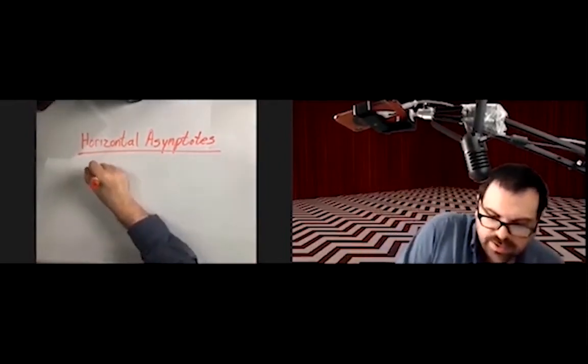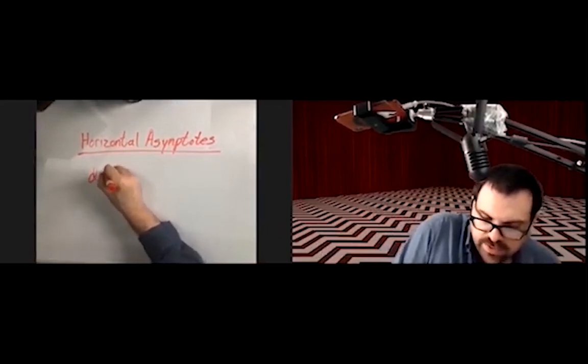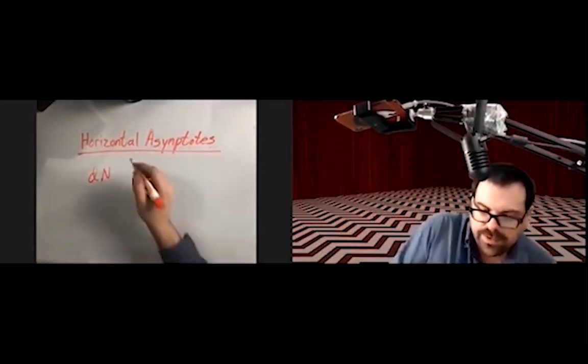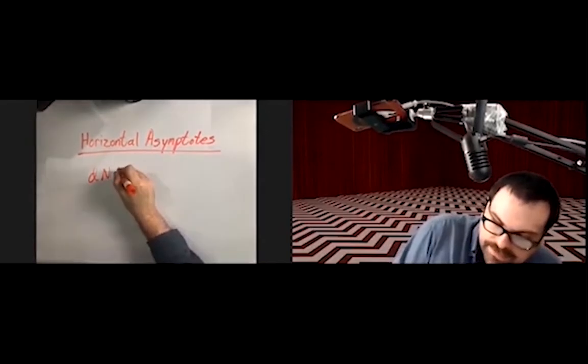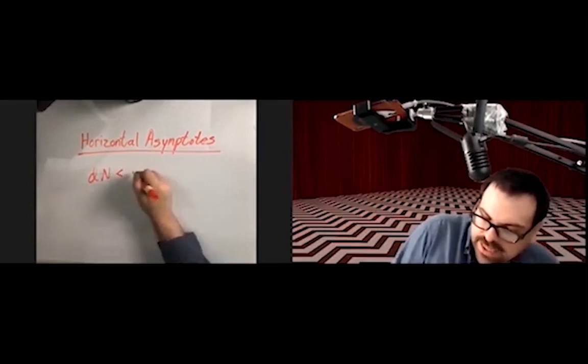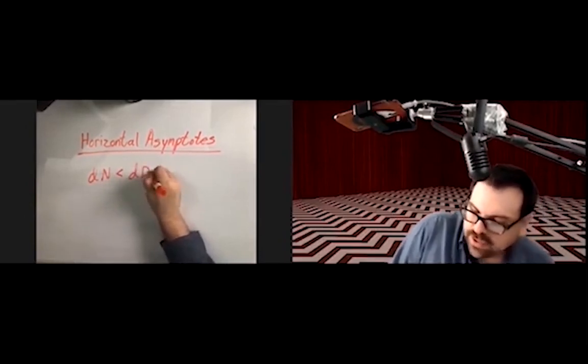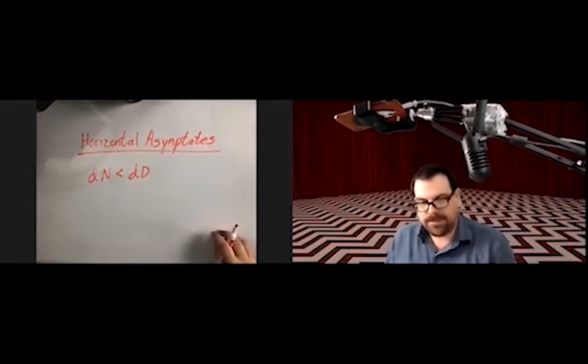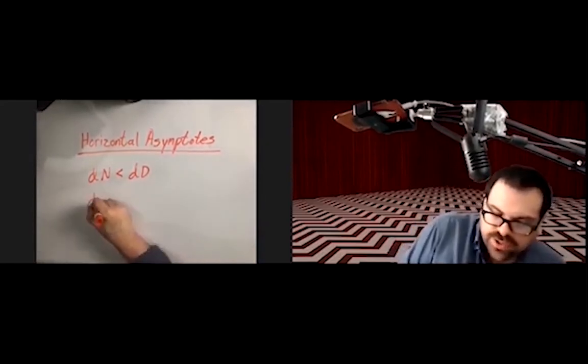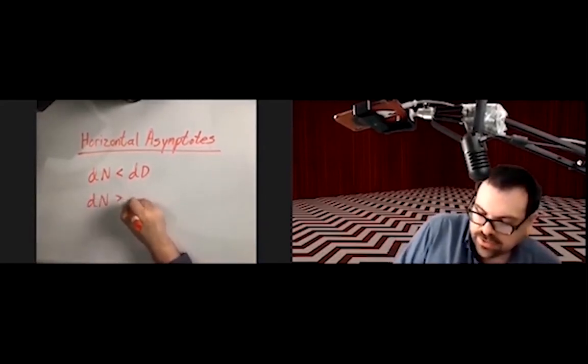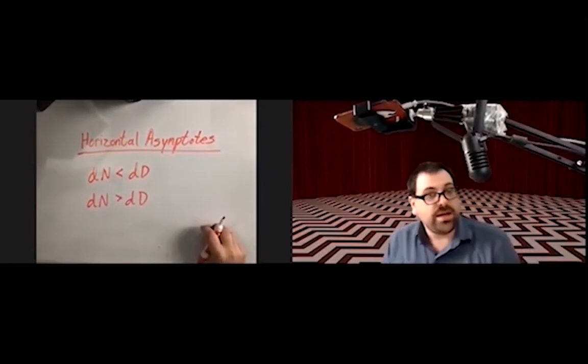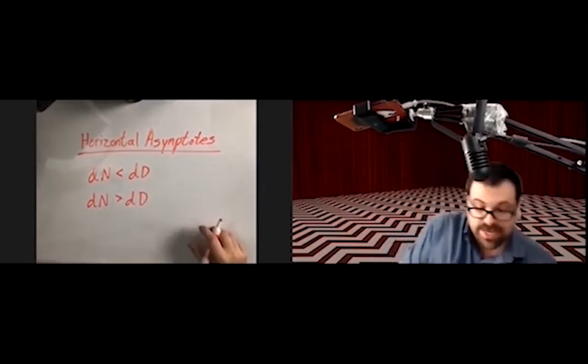The 3 cases then would be that the degree of the numerator is less than the degree of the denominator, or the degree of the numerator is greater than the degree of the denominator. And guess what? Maybe they're both the same.